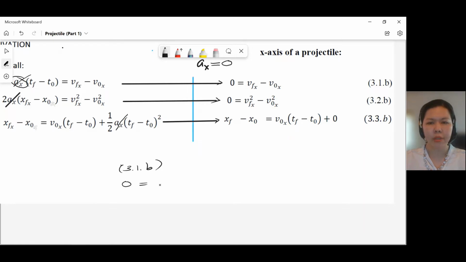I'm just copying it, equals vf sub x minus v naught x. So we transfer this to the left side of the equation. That's why we have v naught x is equal to vf x. So the initial velocity along the x is equal to the final velocity along the x.